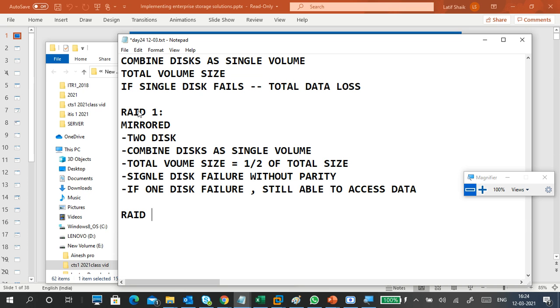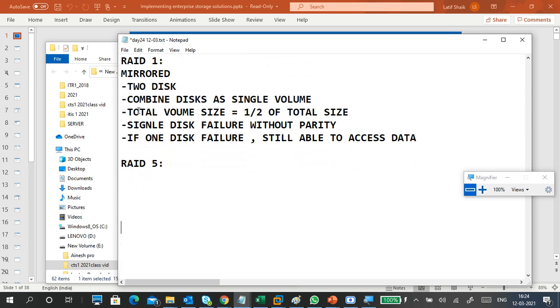Now RAID 5. We call this also single disk failure, single disk failure with parity. Parity bits are there.